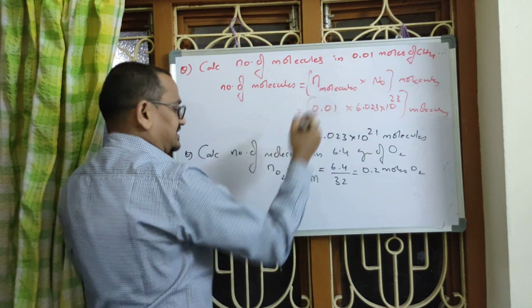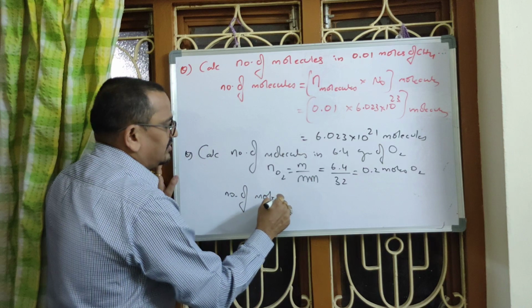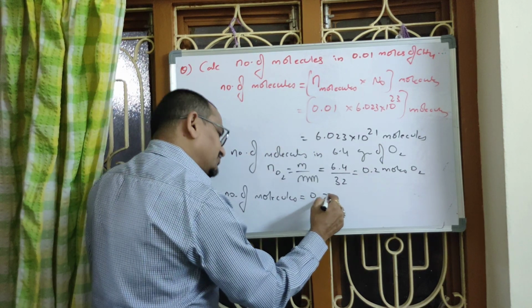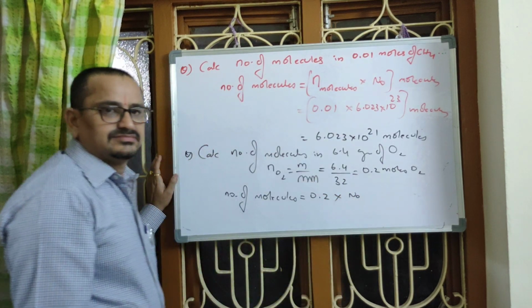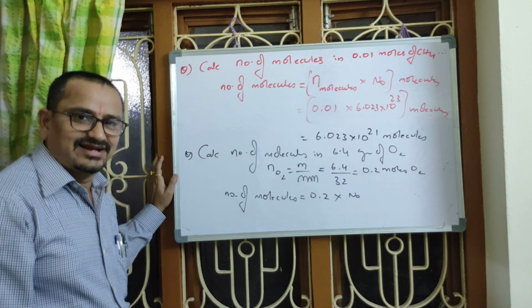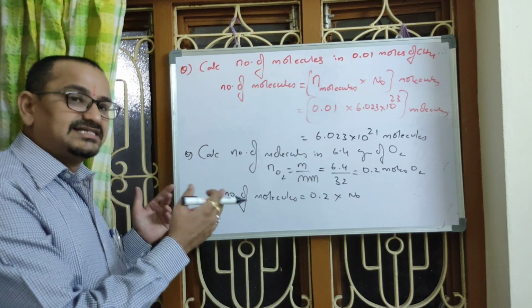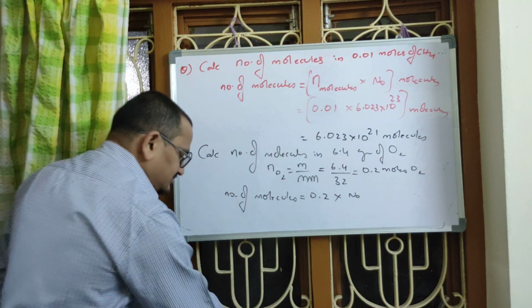Then number of molecules equals number of moles of molecules 0.2, very good, into Avogadro number. Substitute the thing, right?